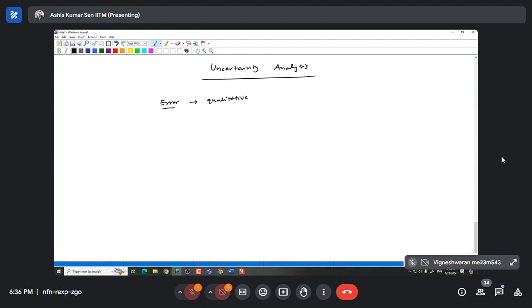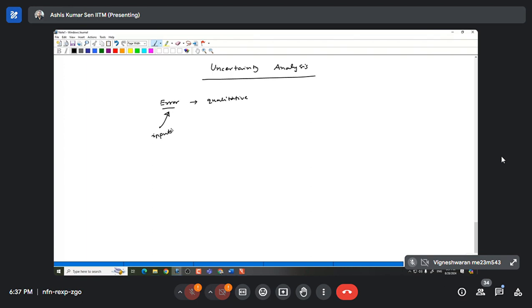But if you really want to know how accurate your data is, you have to talk about uncertainty. Okay, so error can involve the different inputs to the measurement that can affect your data.